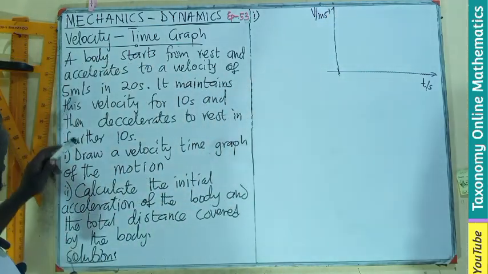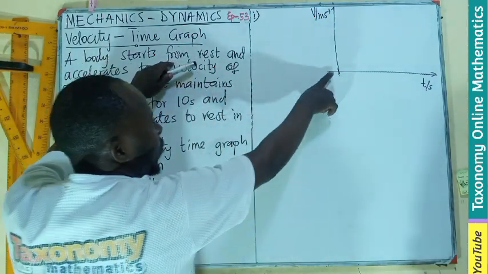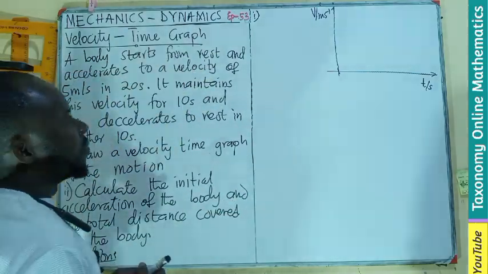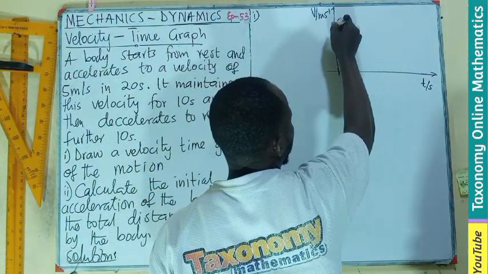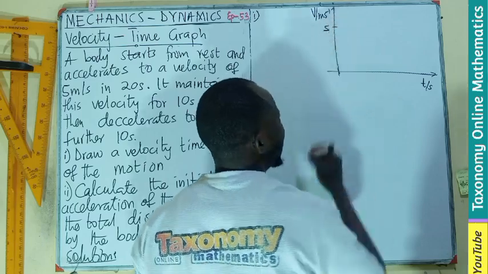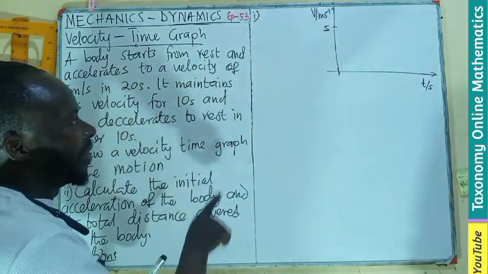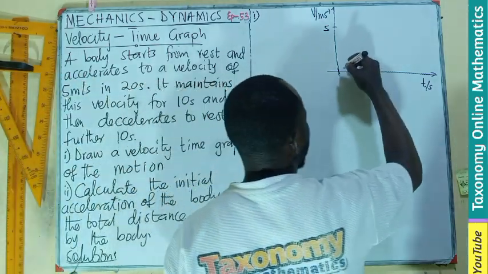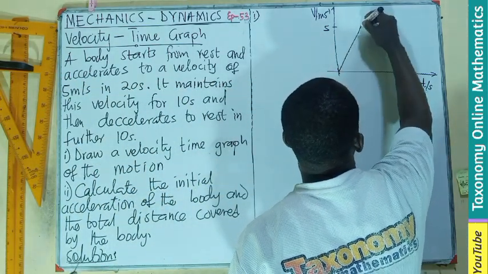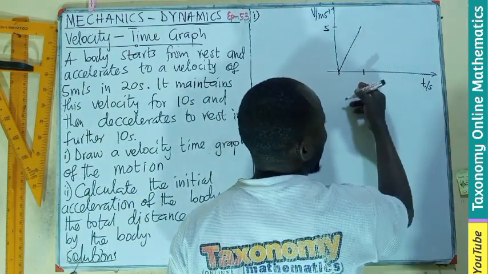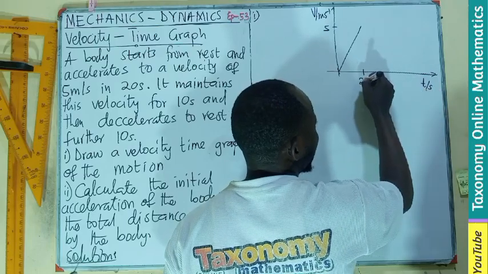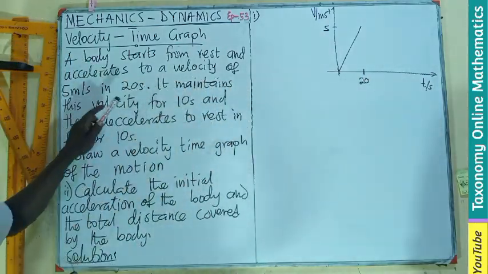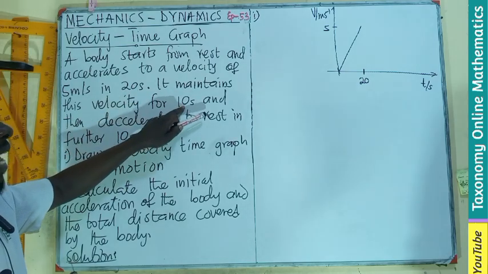So if the body starts from rest, that is from the origin, and accelerates to a velocity of what? 5 meters per second. So let's say this is 5 meters per second. Now it accelerates in 20 seconds. So as it moves to this place, the distance on the time axis is going to be 20 seconds. It maintains this velocity for 10 seconds.